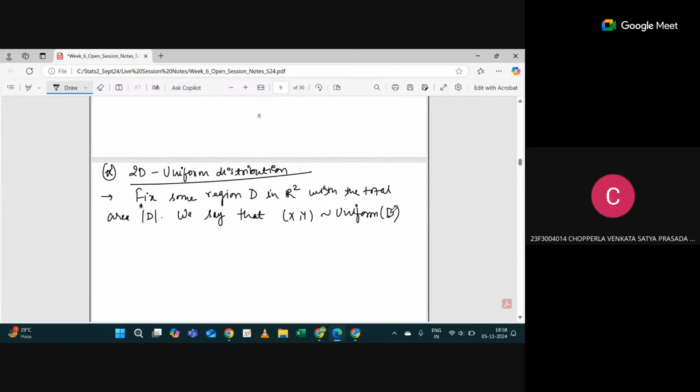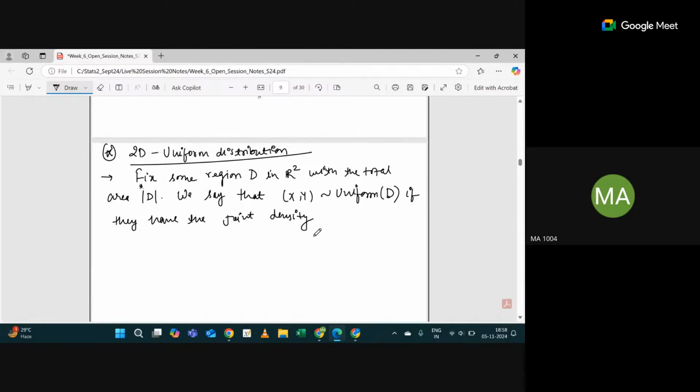Suppose I have two random variables x and y which are uniform in that region D, for that fixed D. Then they have the joint density f(x,y).